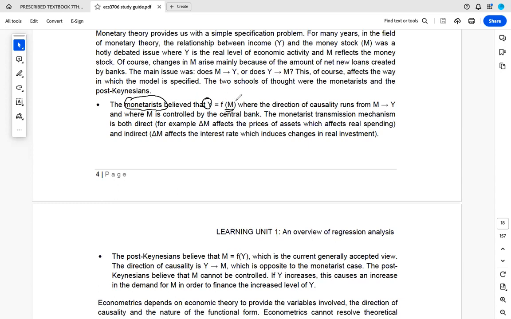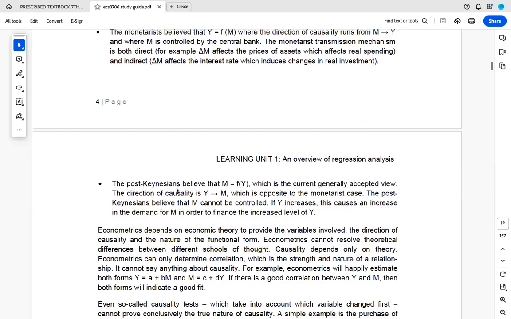In other words, if we increase the amount of money supply, the income goes up. But now we have a new theory, post-Keynesian, which actually believes that the level of money in circulation actually depends on money supply.